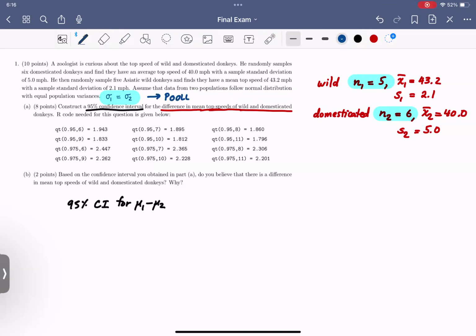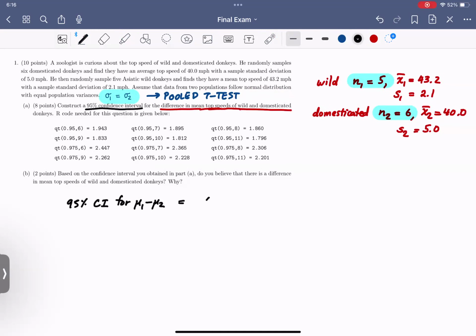So for the pooled t-test, you need to use the formula x bar 1 minus x bar 2, plus minus t alpha over 2, square root of sp square times 1 over n1 plus 1 over n2. This is the formula for a 95% confidence interval for mu1 minus mu2.